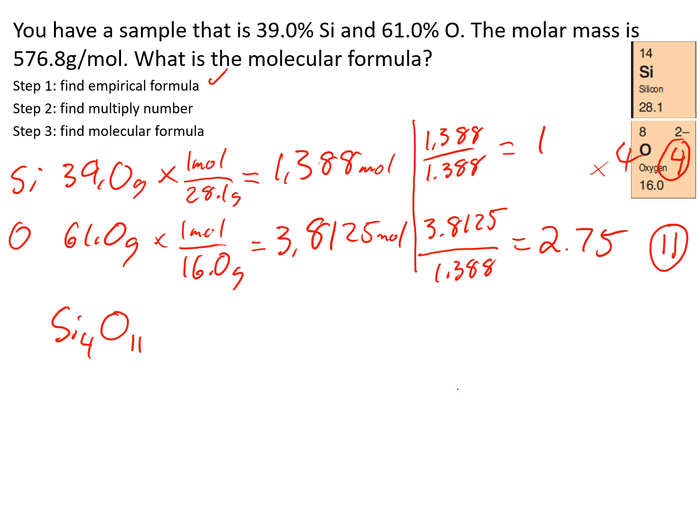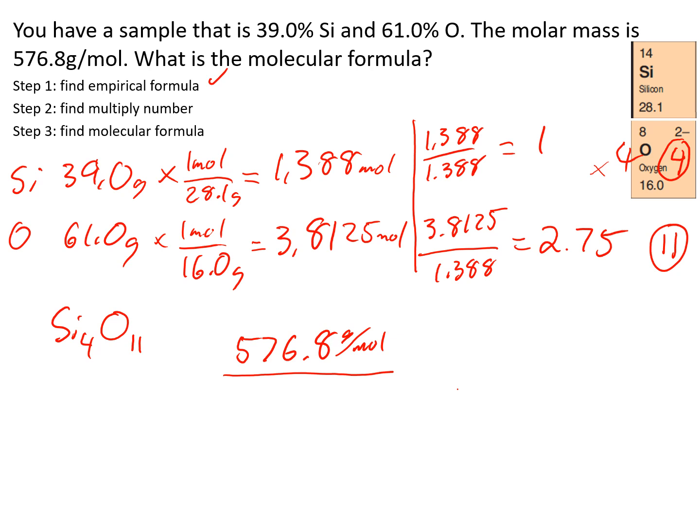Now we need to find the multiplying number. So the multiplying number is going to be our molar mass, and it gives us the molar mass of 576.8 grams per mole. And now we need to find the molar mass of our empirical formula, which is Si4O11.